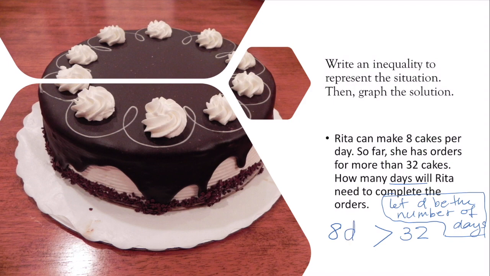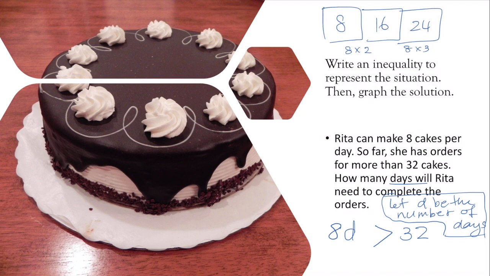So 8 times D. If I make 8 cakes per day, this is 1 day, I make 8 cakes. 2 days, it'll be 16 cakes. 3 days, it'll be 24. So what's happening here? 8 is being multiplied by 2, 8 is being multiplied by 3, and so forth. I am multiplying the number of cakes by the number of days.